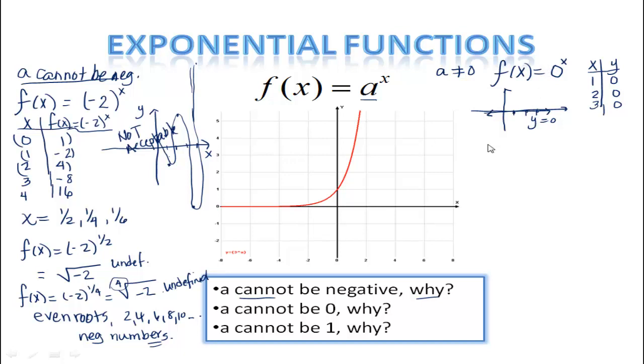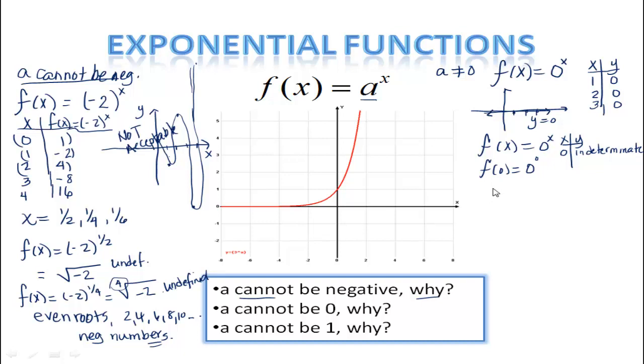The other reason why a can't be 0 is because, let's suppose x is also 0. If x is 0, then this is indeterminate, and I'm going to show you why. If I evaluate this for 0, this will become 0 to the 0 power, okay?